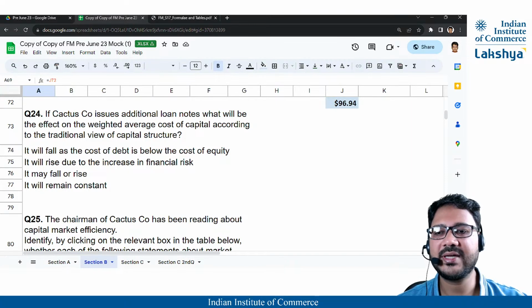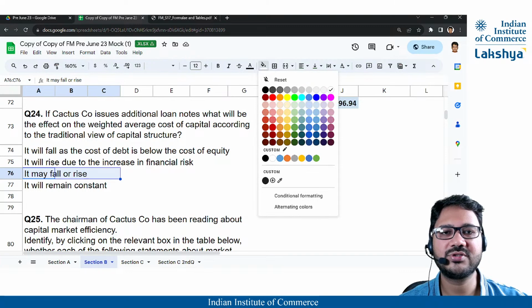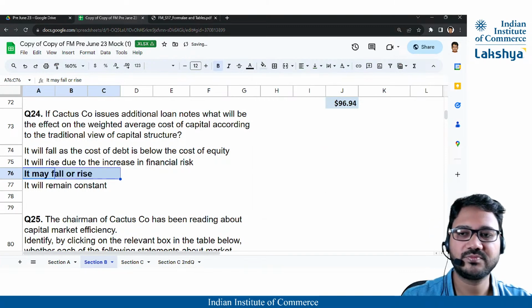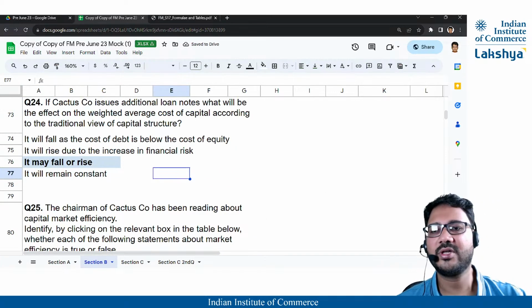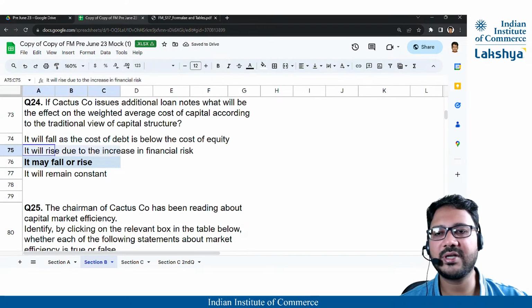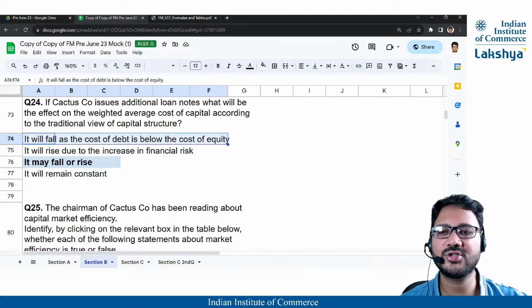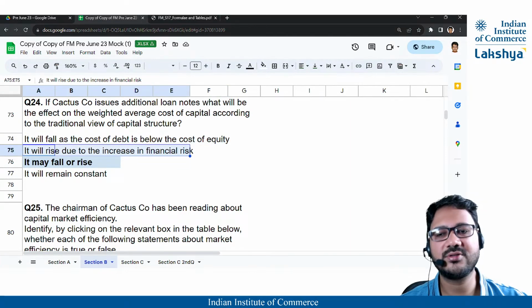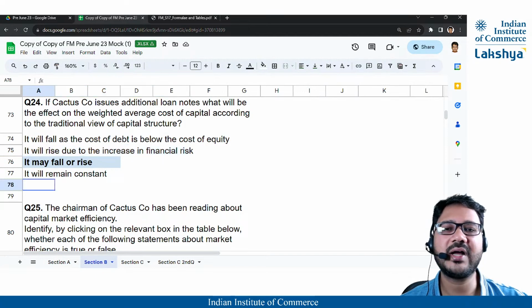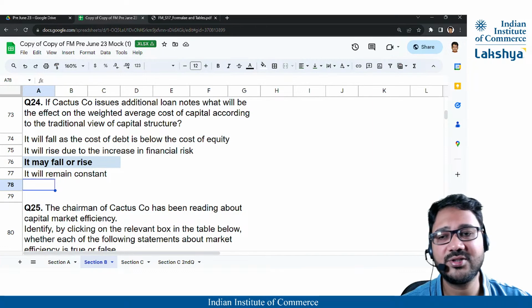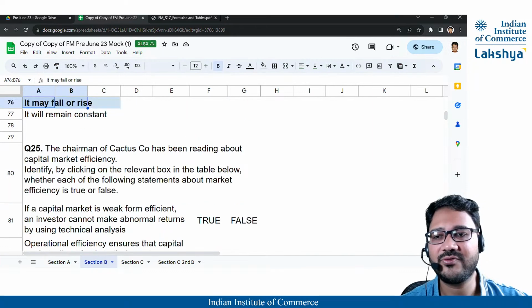So it can either rise or fall depending on which situation you are in. It will fall as cost of debt is below the cost of equity: true. It will rise due to increase in financial risk: true. But we can't say for sure what is going to happen because it's a trial and error method only. So it may rise or fall.